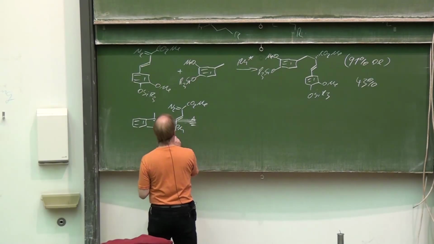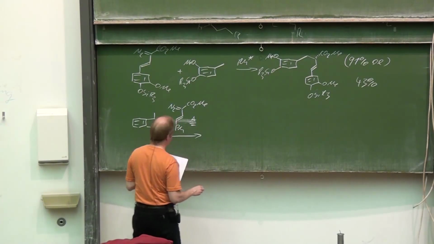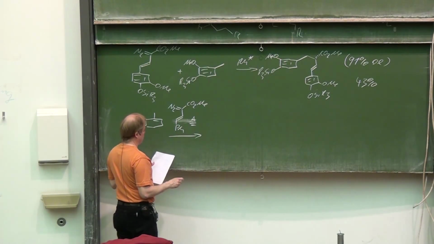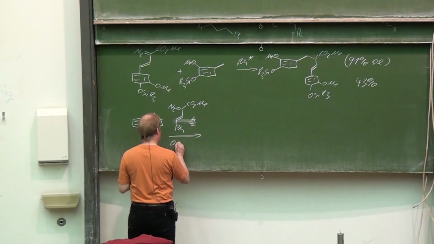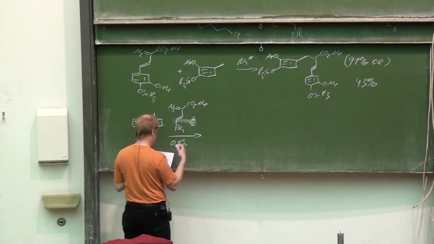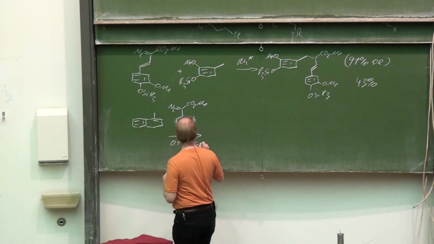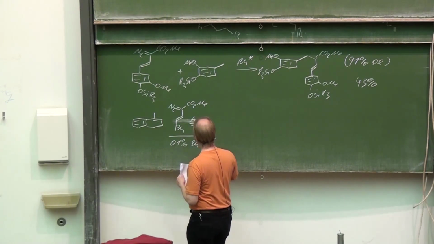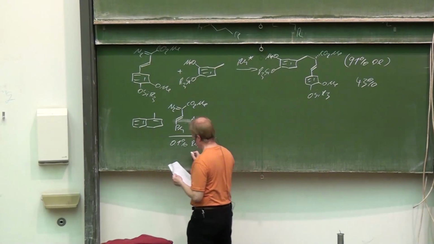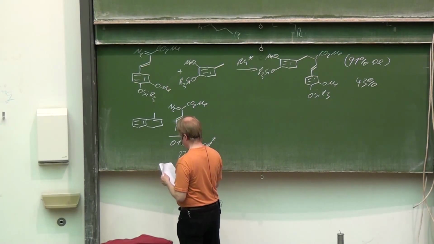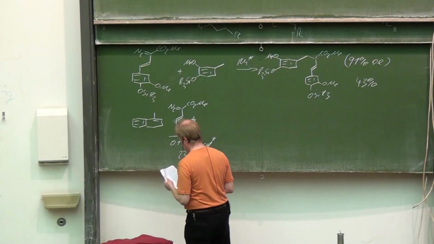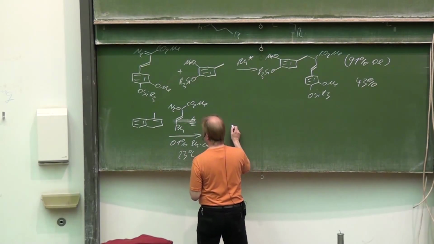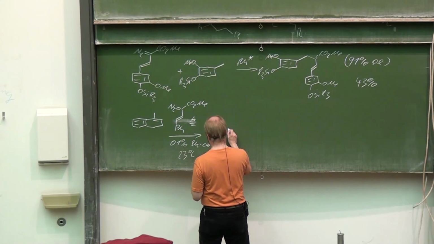Well, let's call that reagent A. 0.1% of a chiral rhodium catalyst of the type we've discussed before, 23 degrees. Well, and what happens now is rather remarkable.